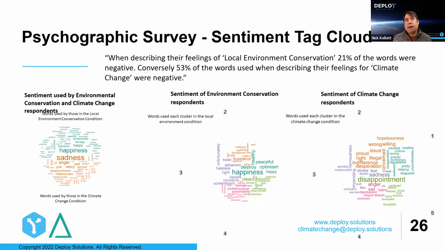And that's an interesting finding, we think, because it implies that we can reach them, even if they don't necessarily accept that climate change is real or caused by humans. Depending on the messaging, we can encourage them to take positive action if we change the frame of reference in the way that we approach this. And I think that's actually a pretty interesting finding that we wanted to drill into further.